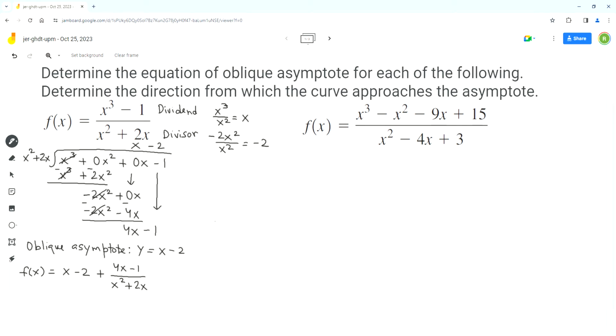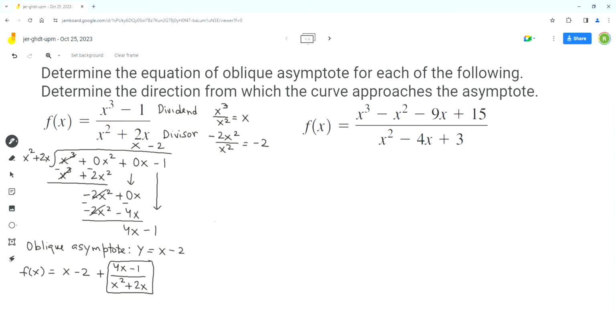Now to answer the second part, which is to determine the direction from which the curve approaches the asymptote, we'll have to analyze this fraction. If this fraction has a value greater than 0, that means the curve approaches the asymptote from above. But if this fraction has a value less than 0, that means the curve approaches the asymptote from below.